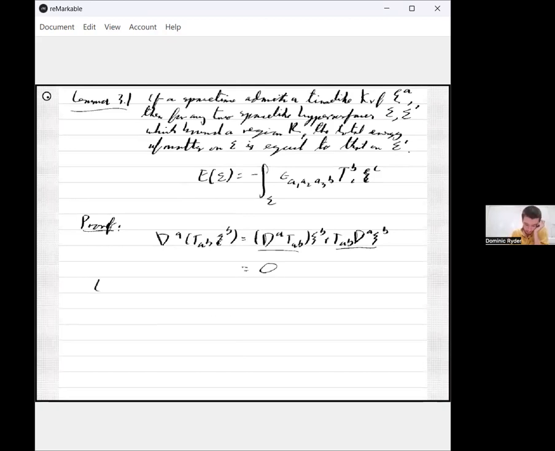Now let sigma and sigma prime bound R. So we've got something like this.